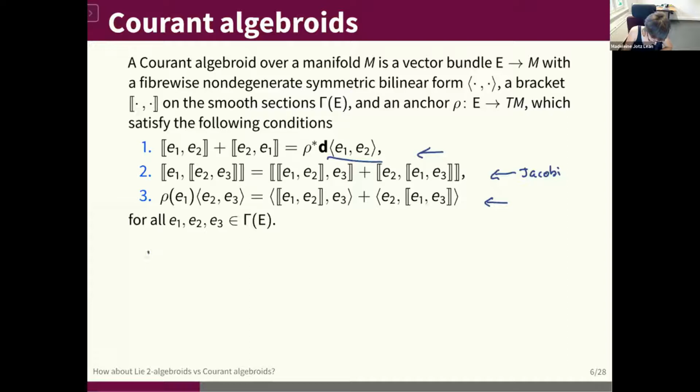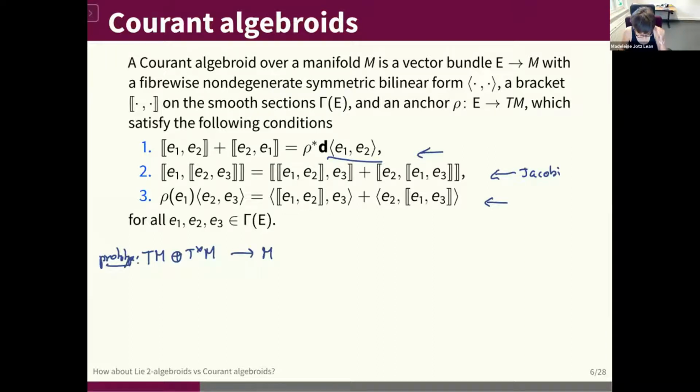So again, there's not much time for details, but the prototype is a structure on TM plus T*M as a vector bundle over M with a canonical pairing of TM with T*M, and a bracket that extends in a natural manner the Lie bracket of vector fields on TM.